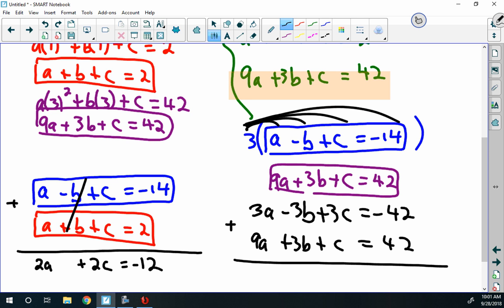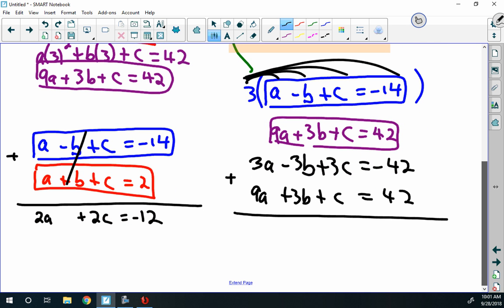Let's see what happens there. Oh, my b's went away again. That's awesome. I needed my b's to go away again. So I'm going to end up with 12a plus 4c equals 0.